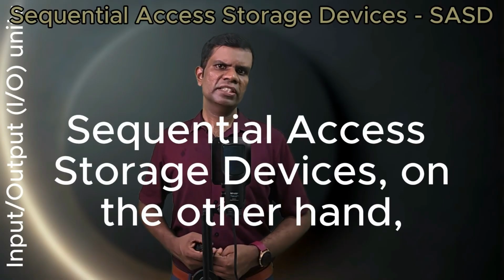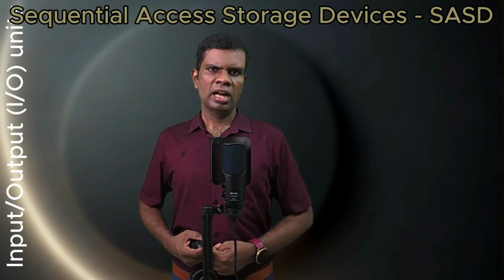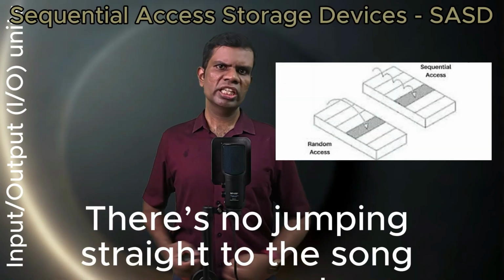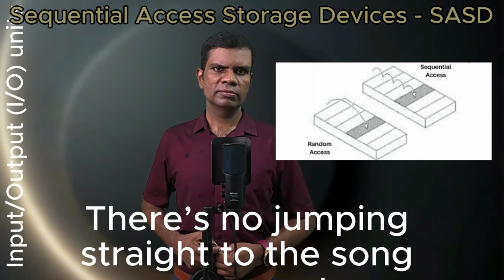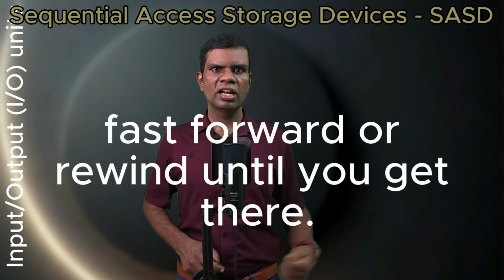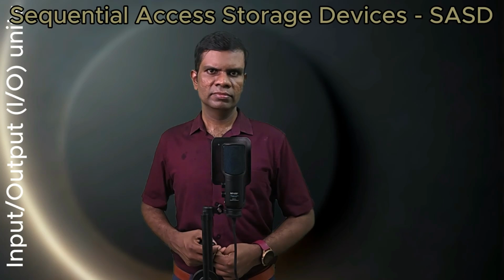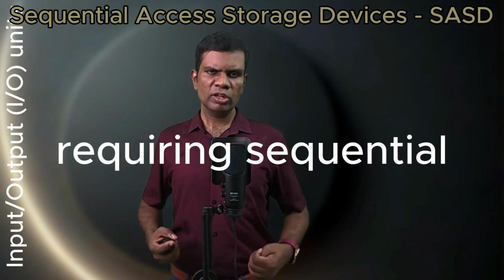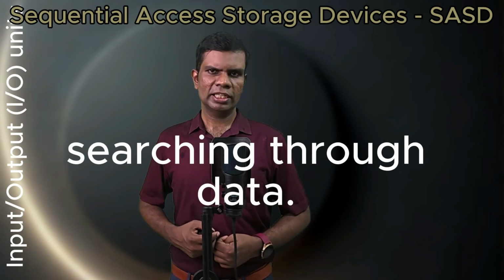Sequential access storage devices, on the other hand, are more like an old-fashioned cassette tape. There is no jumping straight to the song you want. You have got to hit fast forward or rewind until you get there. Tape drives work just like this, requiring sequential searching through data.